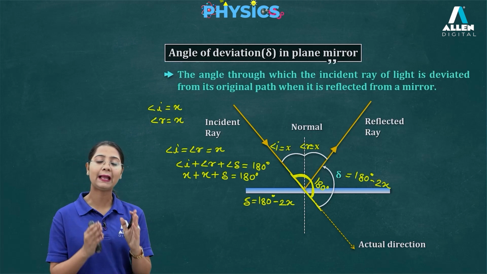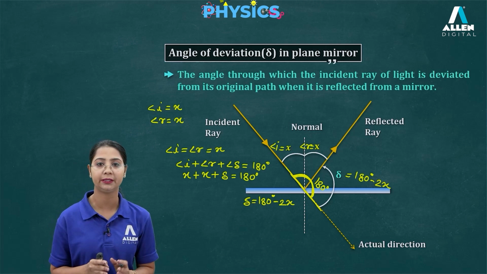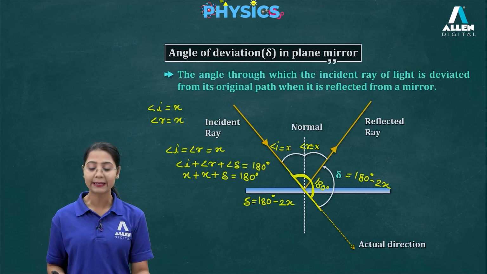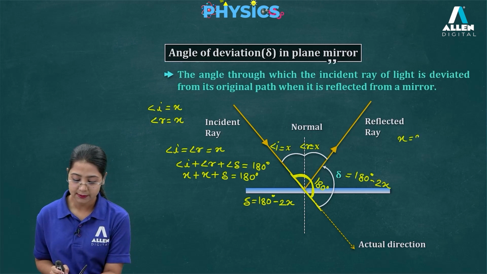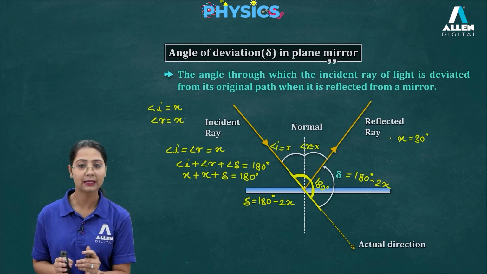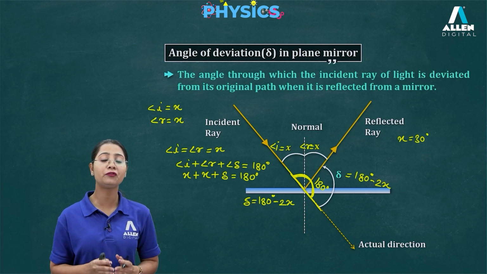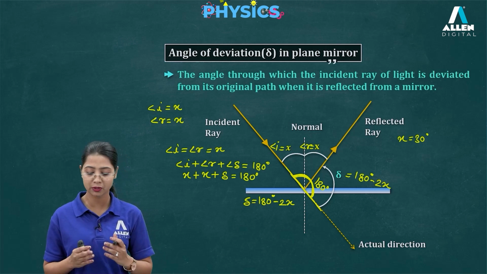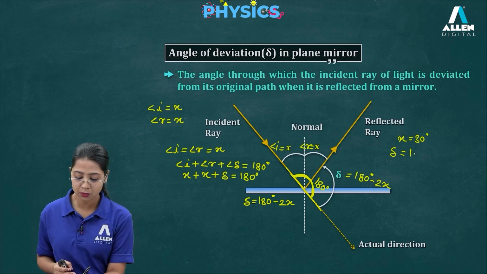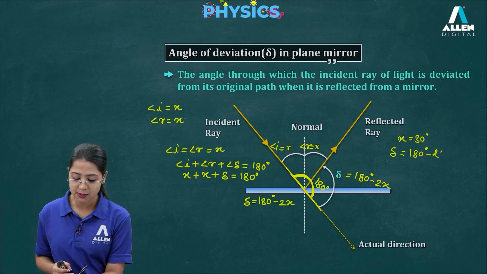Let's take the example that the angle of incidence is 30 degree. So that means X is 30 degree, right? Angle I is 30 degree. Now we have to find the angle of deviation, students. We know the formula, del is equal to 180 degree minus 2X.